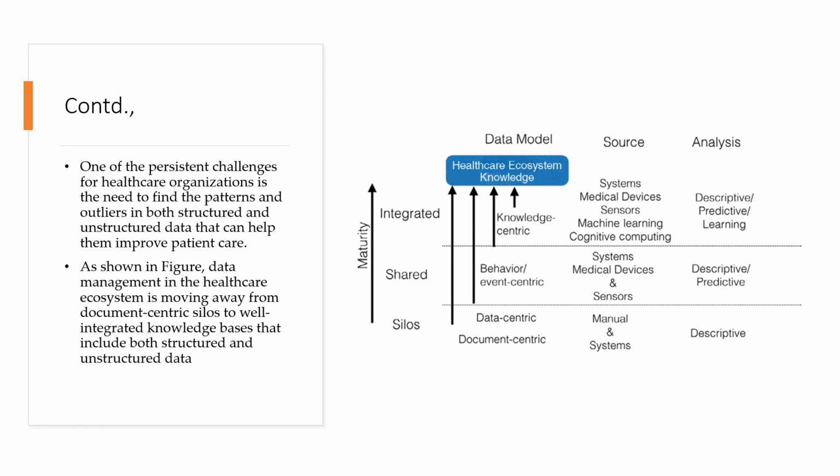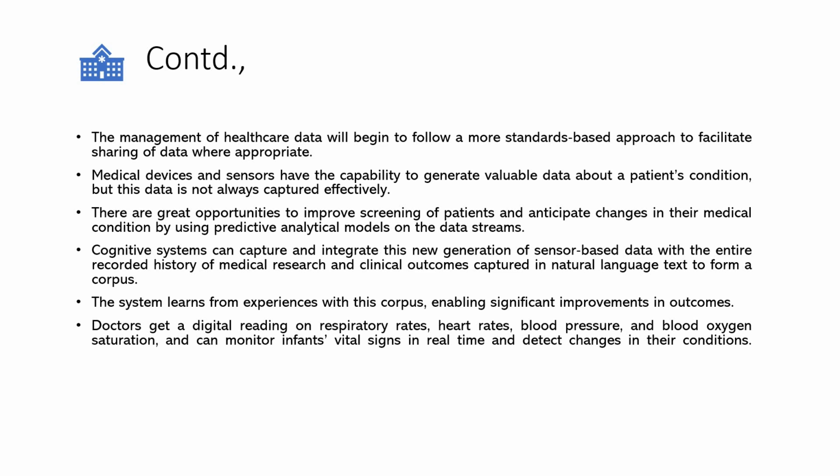It is moving away from document-centric silos to well-integrated knowledge bases that could include both structured and unstructured data. It is moving away from the document-centric approach to a knowledge-centric approach, which is going to be much more useful for us, helping us understand things better and arrive at a conclusion better so that we can treat people better.